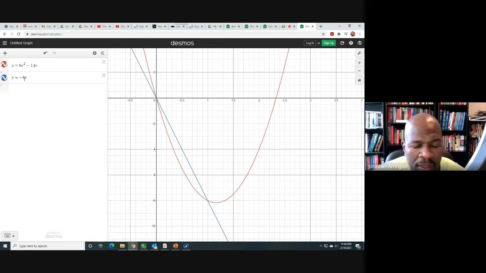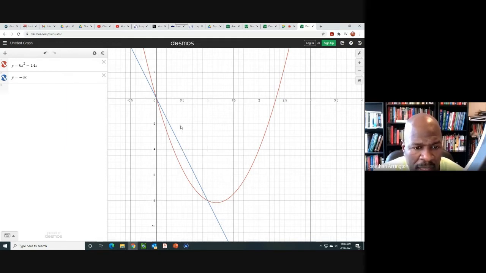There's a point of intersection right there when x equals 1. So from 0 to 1, we have g on top and f on bottom. But then when x gets to 1, they intersect. And after they intersect, from 1 to 3, we now have f on top and g on bottom.